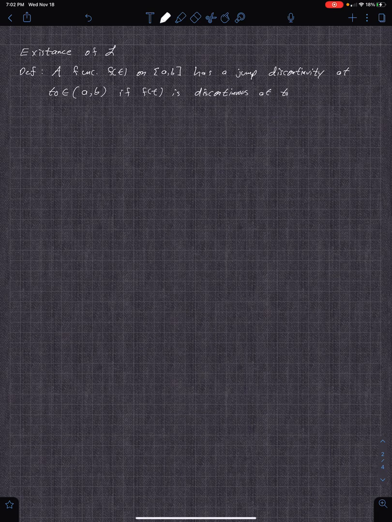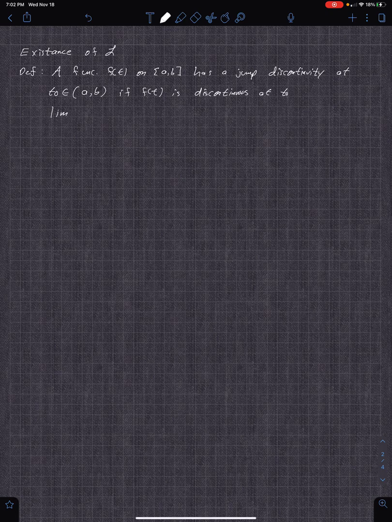at t naught, basically it doesn't approach infinity, right? So it jumps, but it doesn't take off to infinity or negative infinity. So what you have to have is the limit is a finite number.